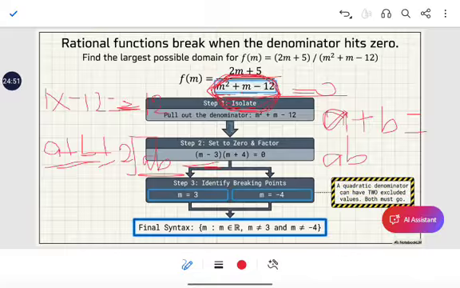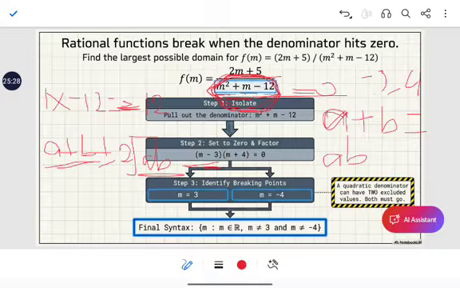So we ask ourselves, we have 1m here and we have negative 12. We pick two numbers. When we add them, we get positive m. When you multiply, we get negative 12. So we will choose negative 3 and 4. If I add negative 3 and positive 4, I get positive 1. If I multiply, I get negative 12.